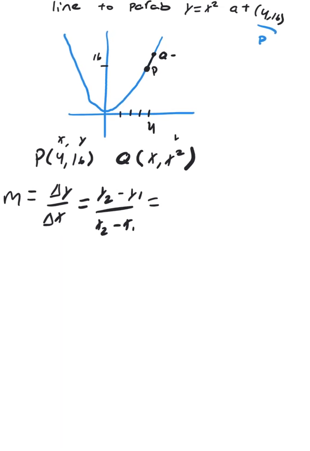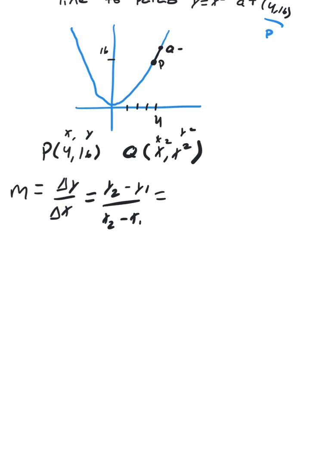We know that y2 is x squared, y1 is 16, x2 is x, and x1 is 4.